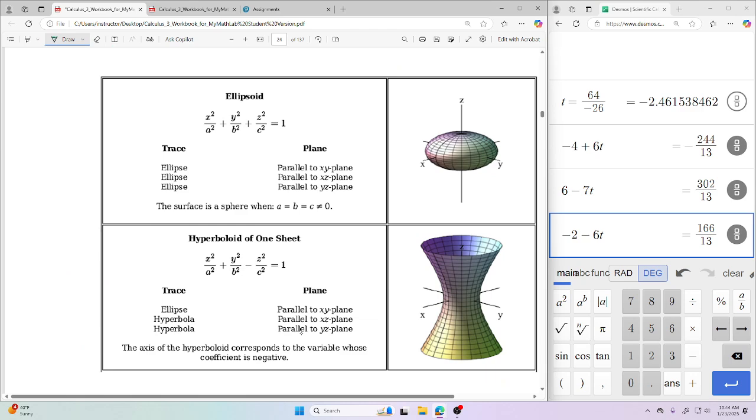So let's start with the easiest one. Ellipsoid is like an ellipse, obviously. The main characteristic is that they're all positive. If all three are positive, it's an ellipsoid. And these A's, B's, and C's are kind of like little radii, the distance from the center.